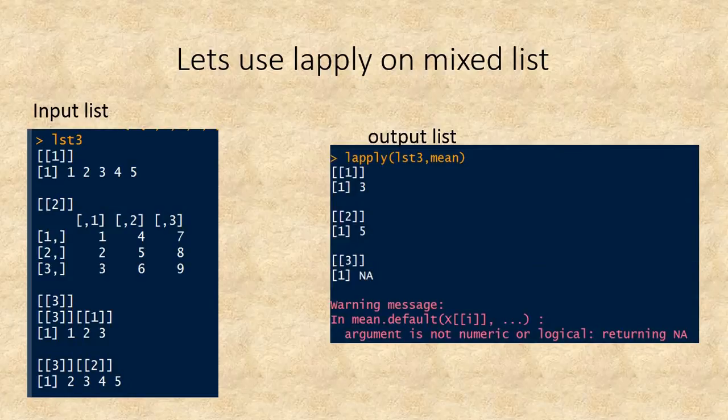If you use the lapply function, your output will be like this. This is the mean of all these elements. This is the mean of all the elements. However, there is an error in the third element. Why? Because this element contains sub-elements, and the apply function cannot access the sub-elements of this third element.